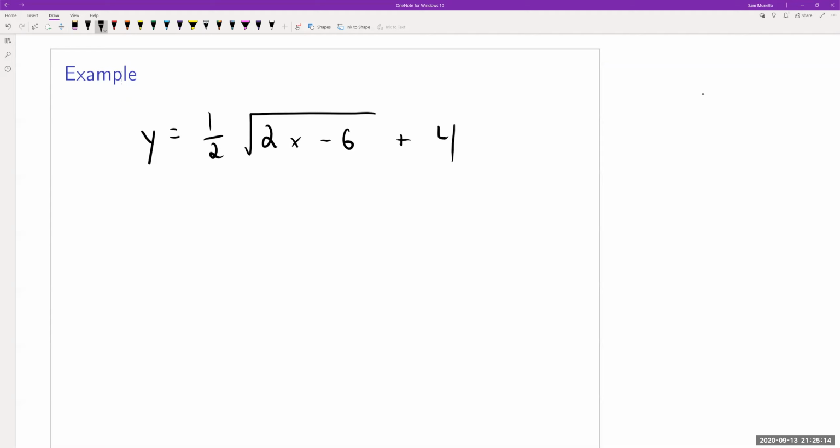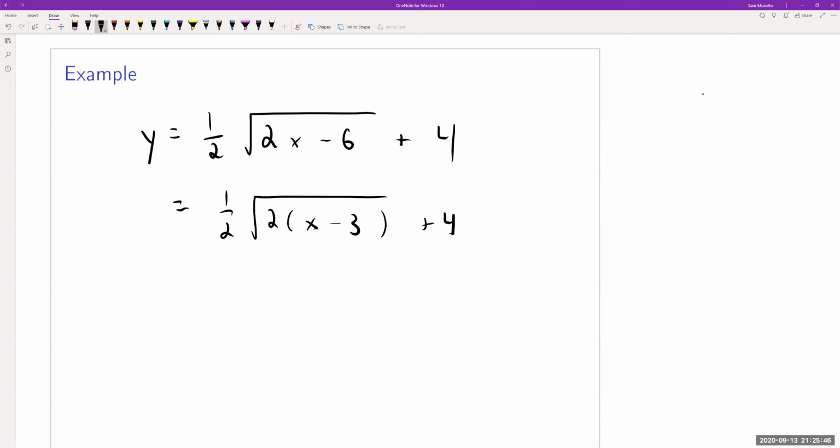The reason for this is that you will want to make sure that you have the shift identified as happening directly to x, and then the scaling being applied afterwards. So I would like to rewrite this function as 1/2 times the square root of 2 multiplied by x minus 3, plus 4. This way I can more clearly identify the translation as being applied directly to x.